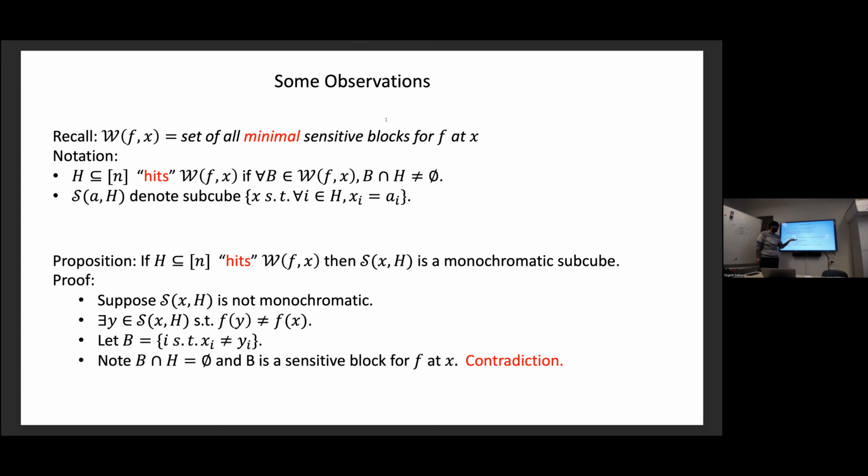And I guess it's clear, because what this proposition is saying is that if you find a hitting set for all minimally sensitive blocks, then that hitting set is essentially a certificate for your function value. It determines your function value.